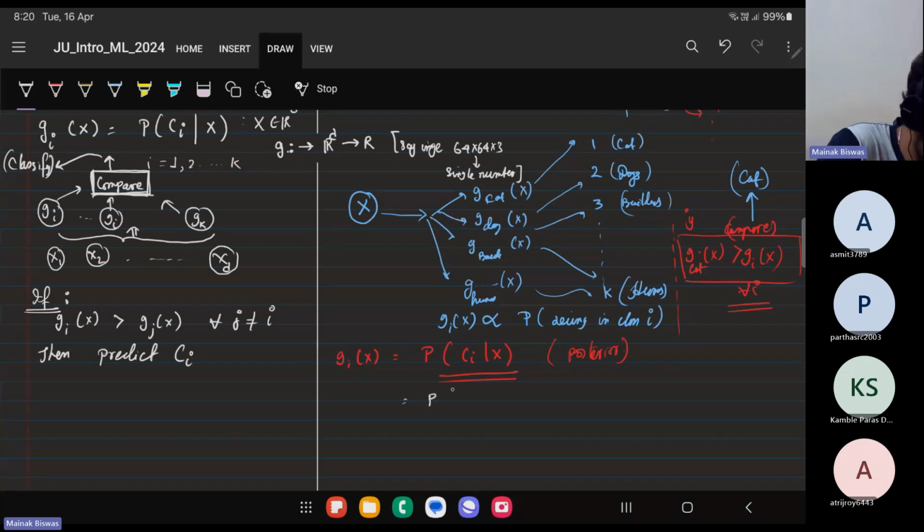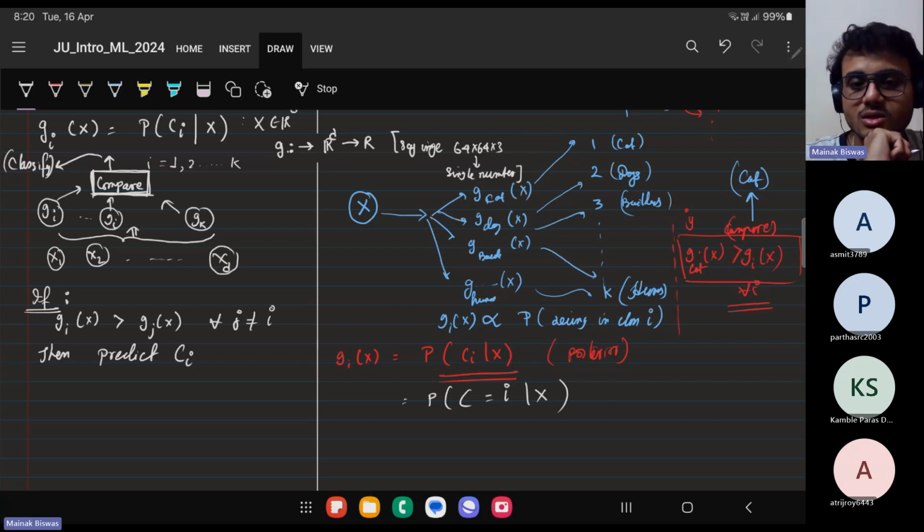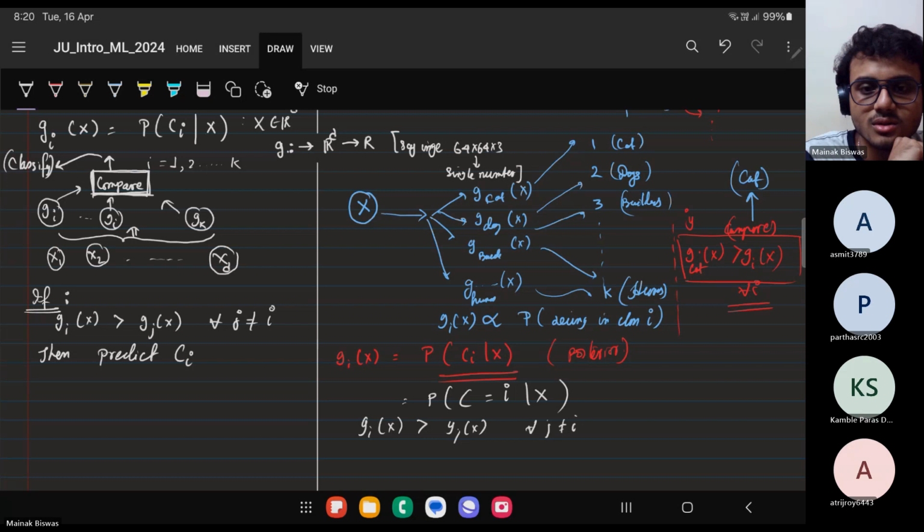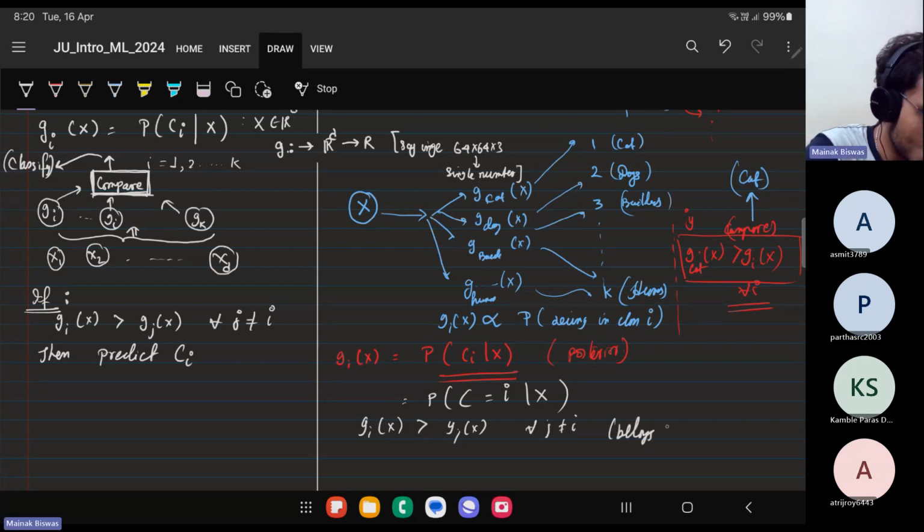It means the probability of class C i given X. Now if I tell you g i of X is greater than all g j of X for all j not equal to i, then what is the class that it belongs to? It belongs to class i according to our model.